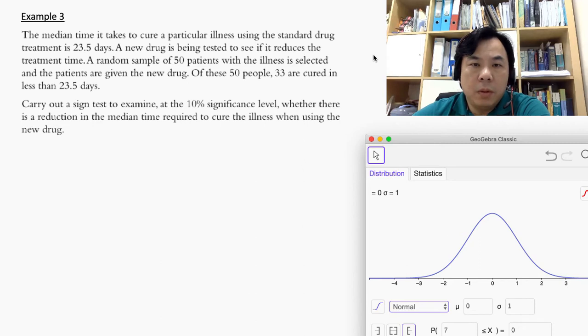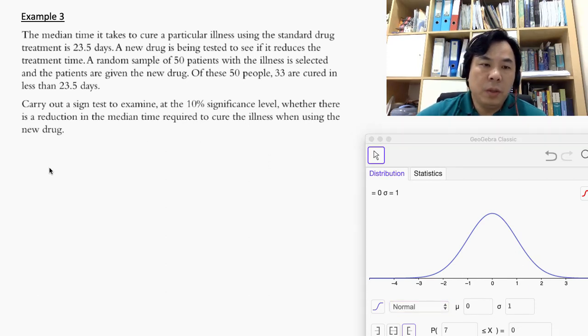A random sample of 50 patients with the illness is selected and given the new drug. Of these 50 people, 33 are cured in less than 23.5 days. We need to carry out a sign test to examine at a 10% significance level whether there is a reduction in the median time required to cure the illness when using the new drug.